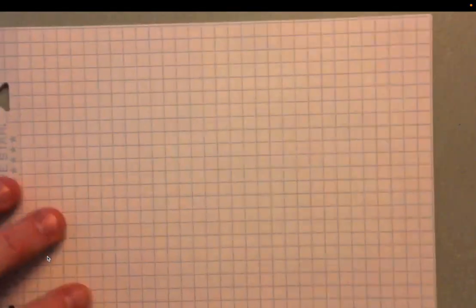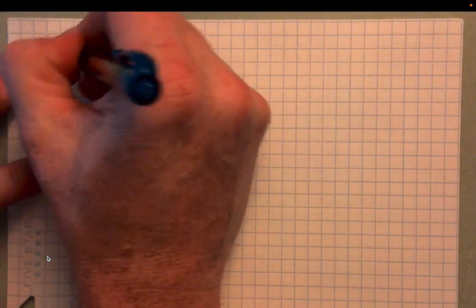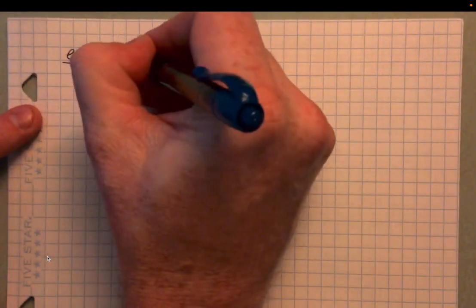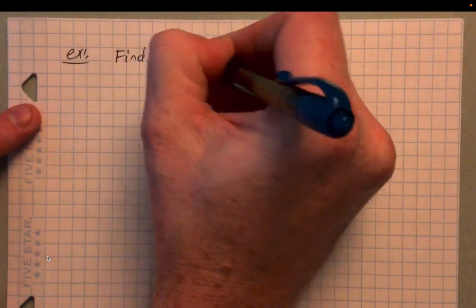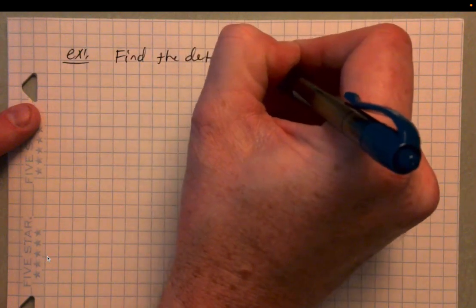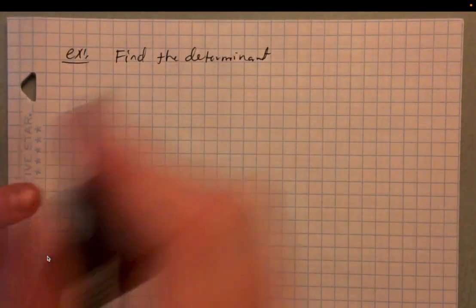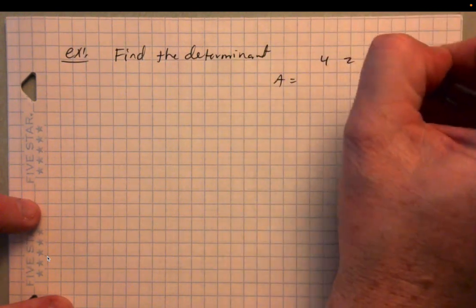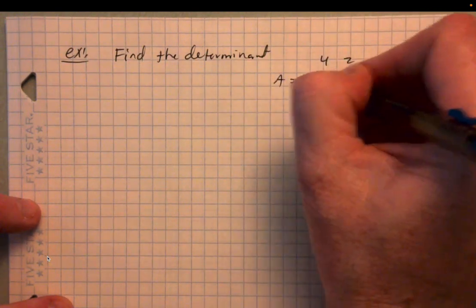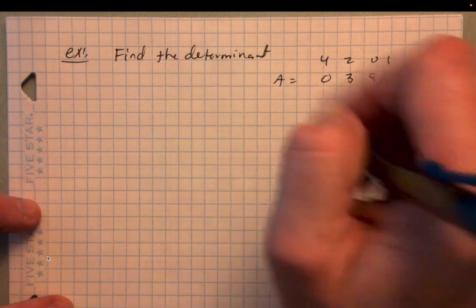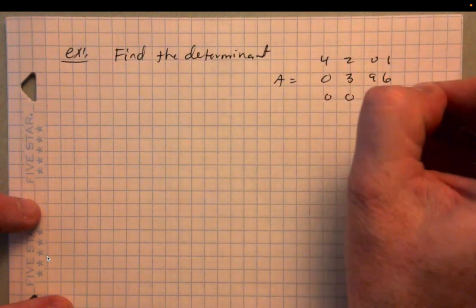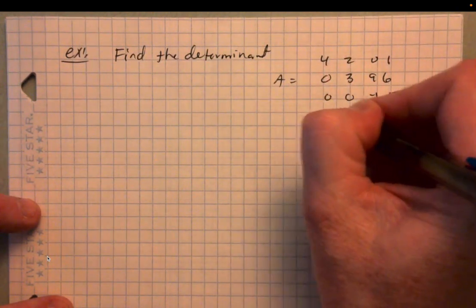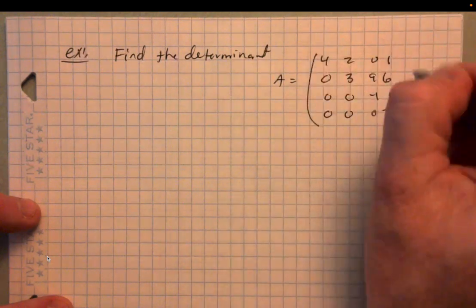All right, so let's do an example real quick. We've done examples already, but let's make sure we're clear on this. Find the determinant of A equals 4, 2, 0, 1, 0, 3, 9, 6, 0, 0, negative 1, 5, 0, 0, 0, 7.